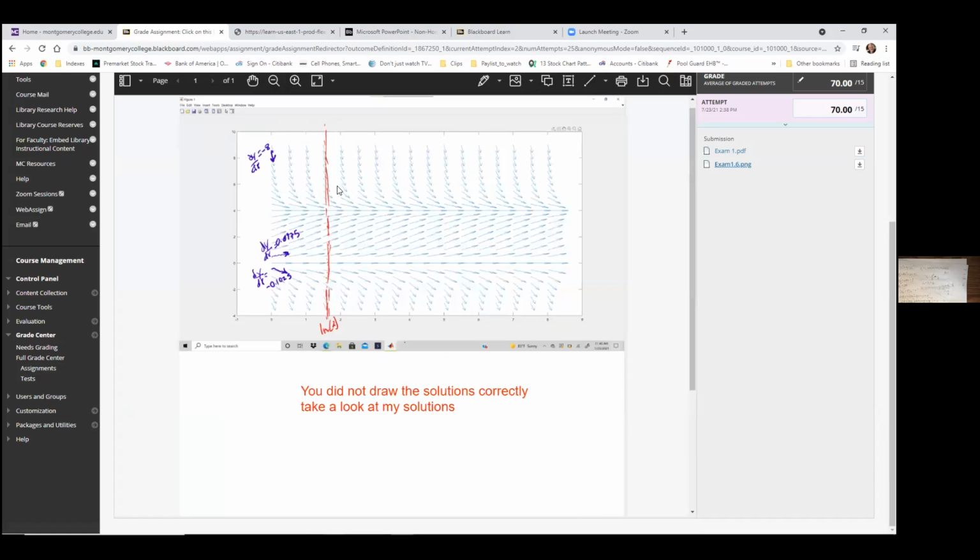I saw this red line and didn't understand what it was. Anyway, it seems to me you should have drawn the curve like this, all the way out, and you should draw it up like that. That was the idea. But I think you understand it, right?